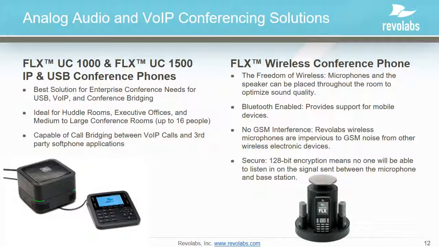So that's an option. It's wireless. We have secure 128-bit encryption, so there's some security protocol built in there, some support from a GSM noise perspective as well. And this is just a sample of the products that we offer at Revo Labs, but apply to the huddle room space and conferencing.